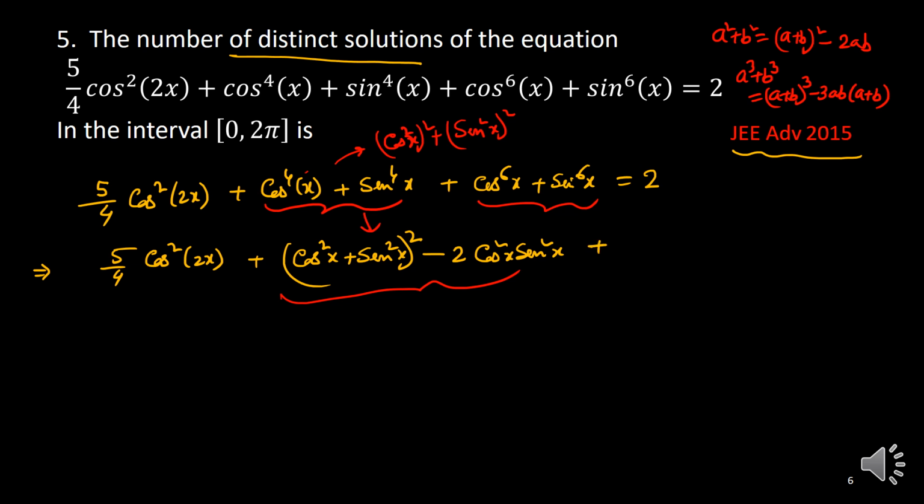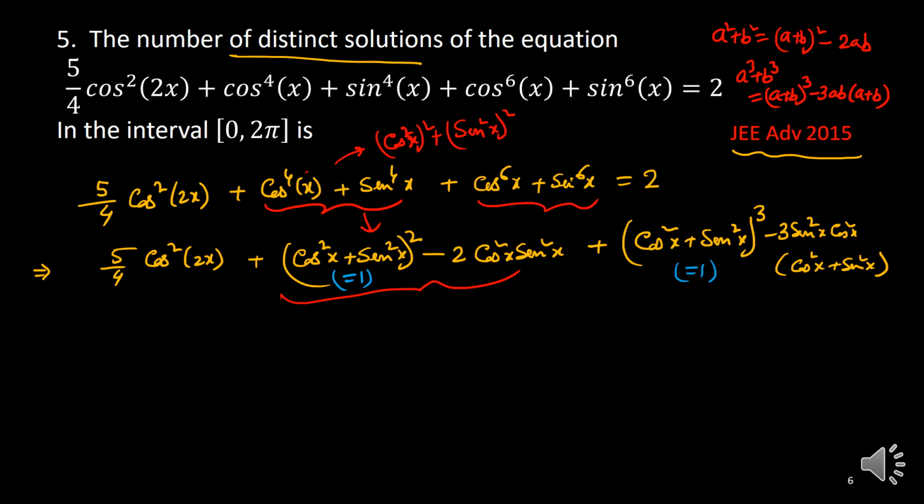This will be cos square x plus sin square x, that whole cube, minus 3 into sin square x cos square x times cos square x plus sin square x. Now here you can note that this value equals 1, sin square plus cos square is 1, this value equals 1, this value is also 1. So you can replace sin square plus cos square, which is always 1, right?